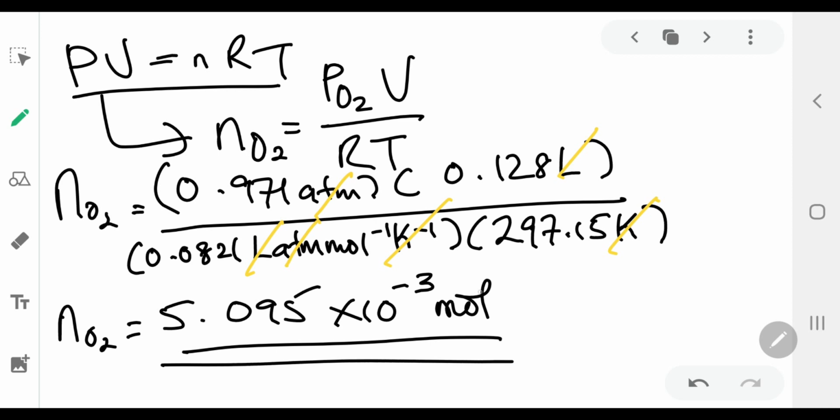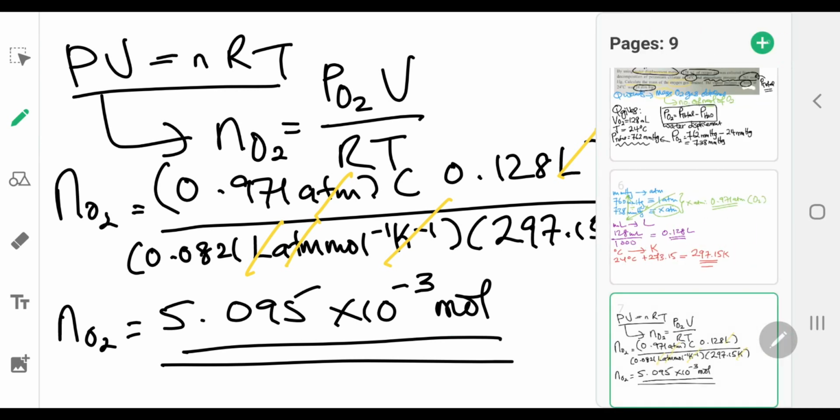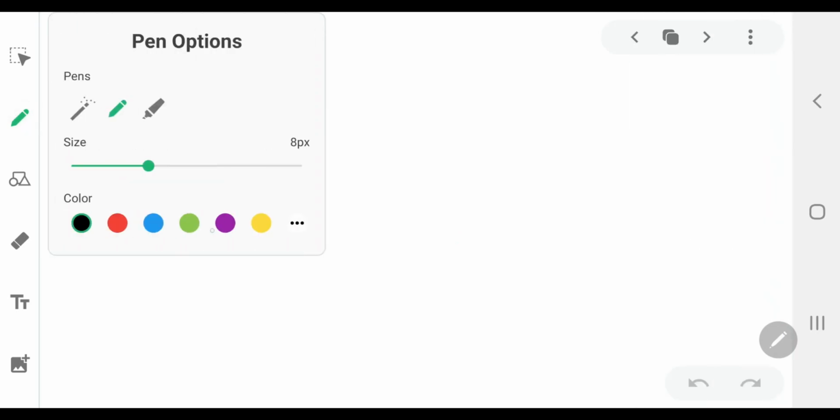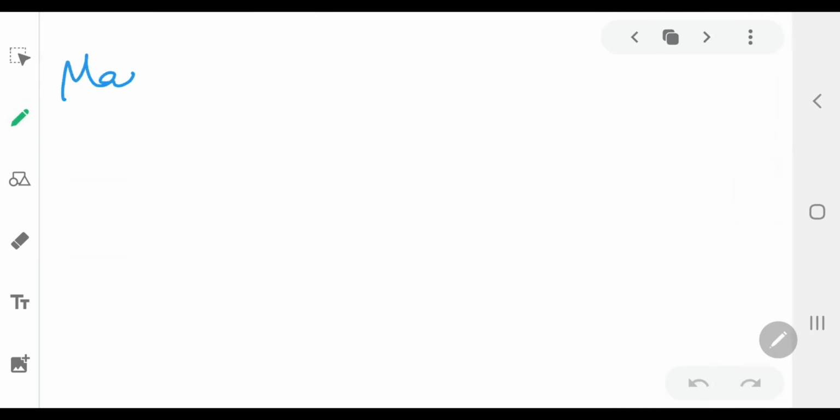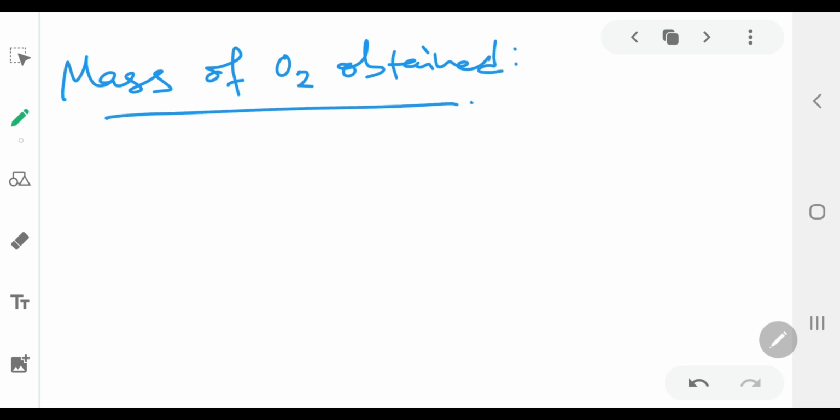Okay, so now we're going to change this number of mole into mass. How do you do that? Okay, so the mass of oxygen obtained is, just now we have 5.095 times 10 to the power of negative 3 mole.